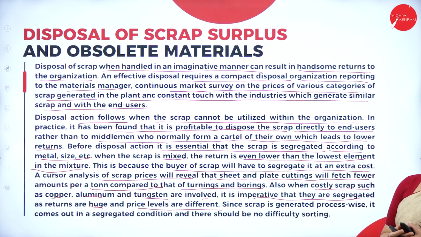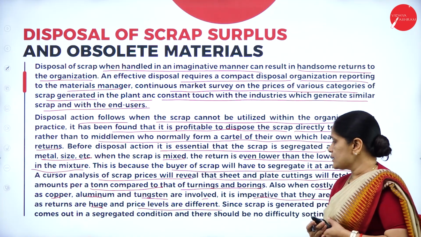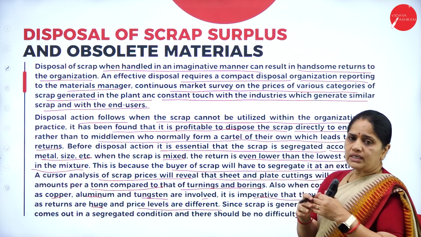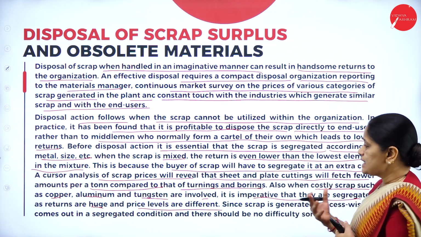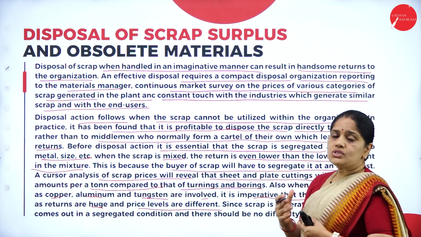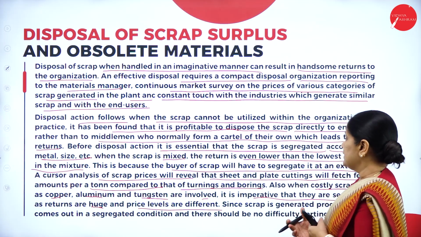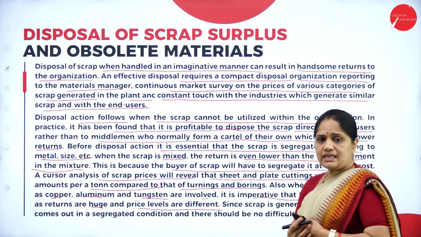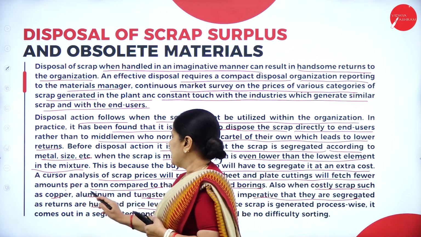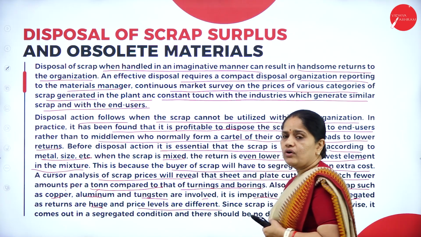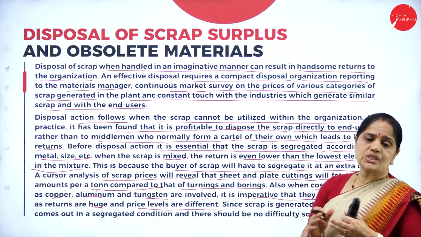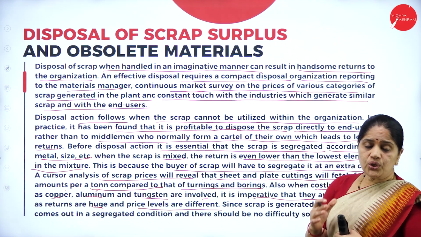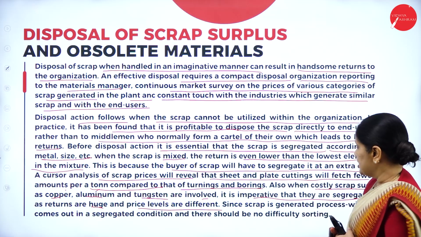So in a cursory analysis of the scrap prices of different materials, we find that the scrap coming out of turnings and borings is worth more than the metal sheet and plate cuttings. So whenever copper, aluminium and tungsten scrap is involved, it is always better to segregate the waste and then sell it, as there will be a huge price difference between these metals.